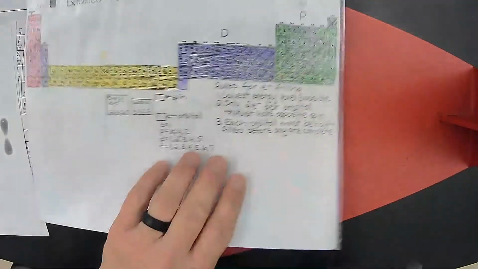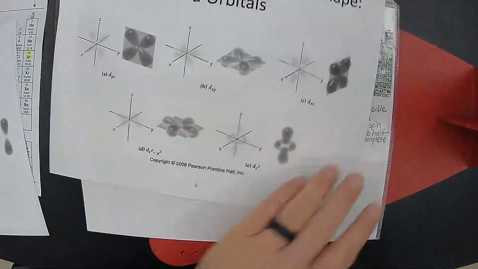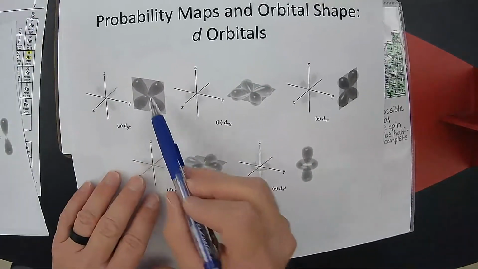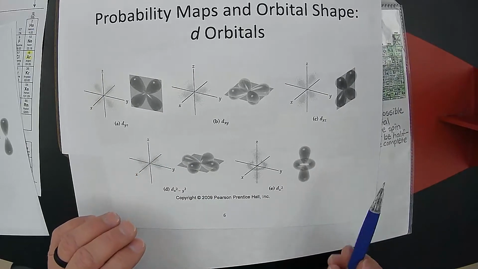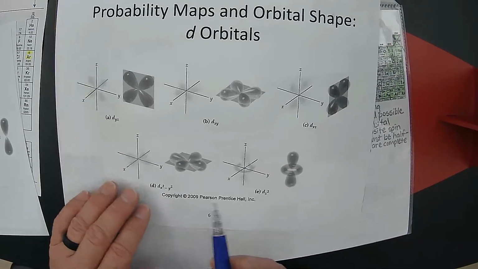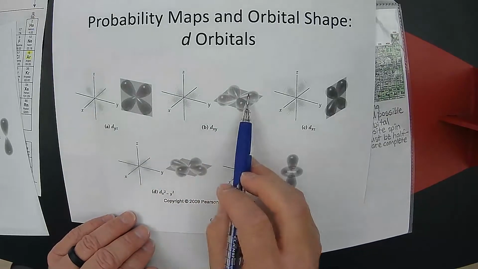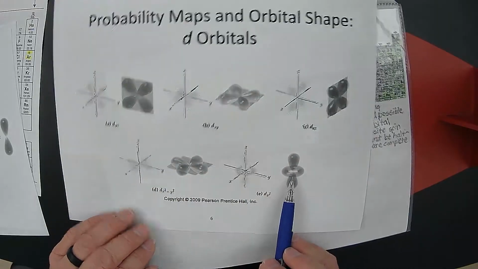Well, what about the d's? What kind of shape if you're an electron in a d orbital? The d orbitals have 5 different shapes, and you can see that they get even more complex as we go. Here's the first, the second, the third, the fourth, and the fifth.